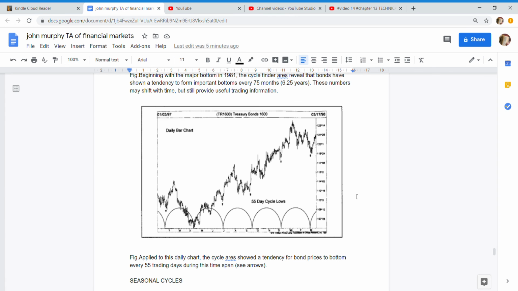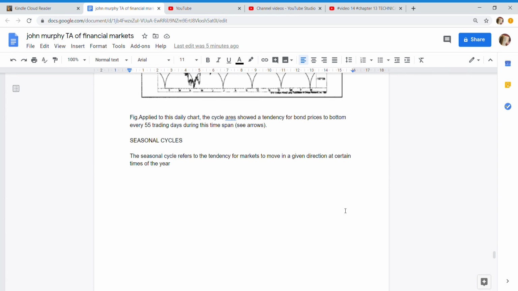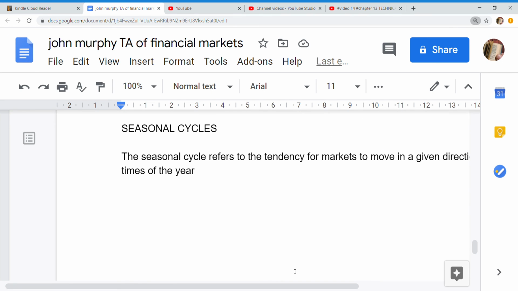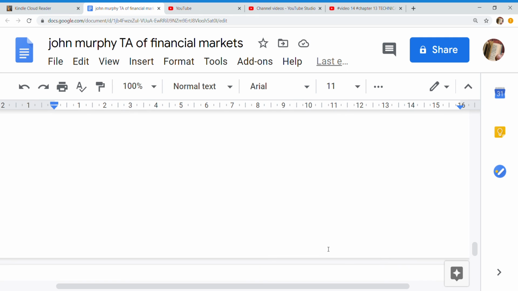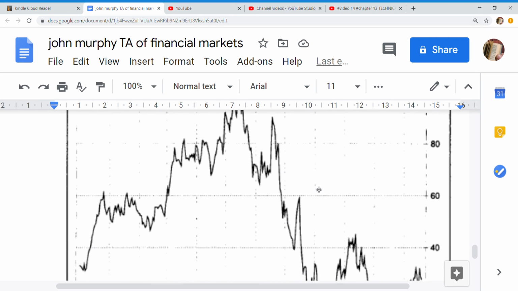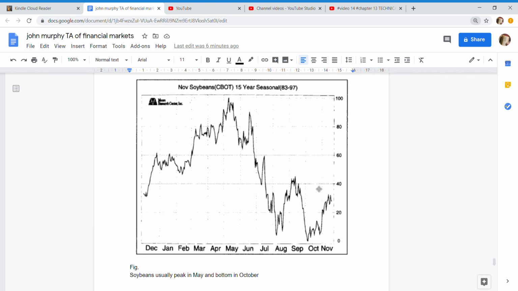Seasonal cycles. The seasonal cycle refers to the tendency for markets to move in a given direction at certain times of the year. Soybeans usually peak in May and bottom in October.